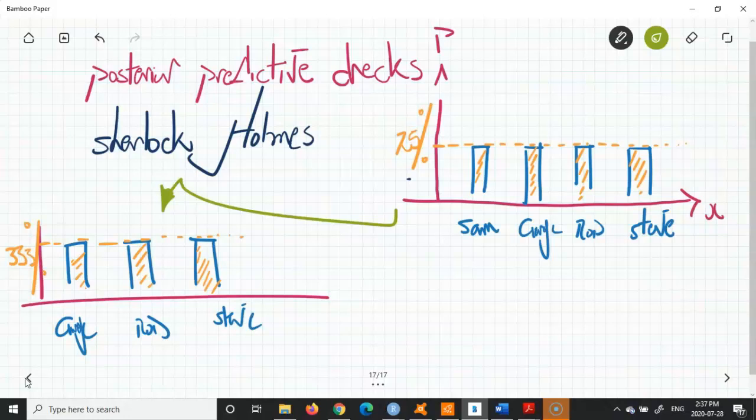Now you have another distribution of the outcome you are interested in, which is essentially to identify the murderer as Sherlock Holmes. When you have new observations, you are able to update your prior belief about the potential murderers.